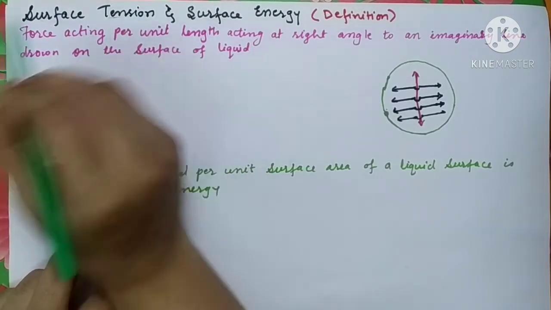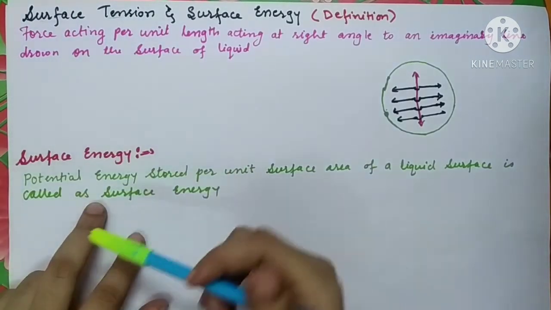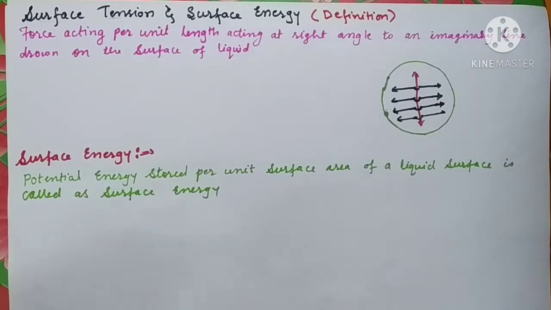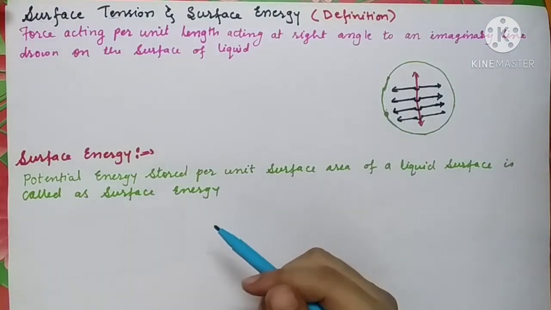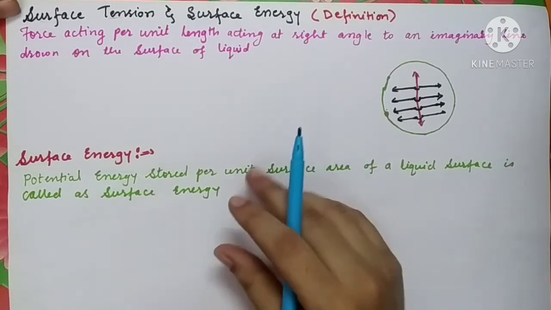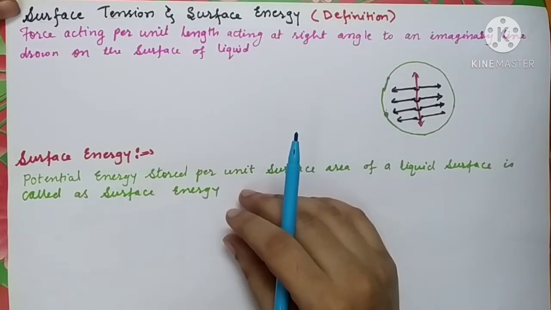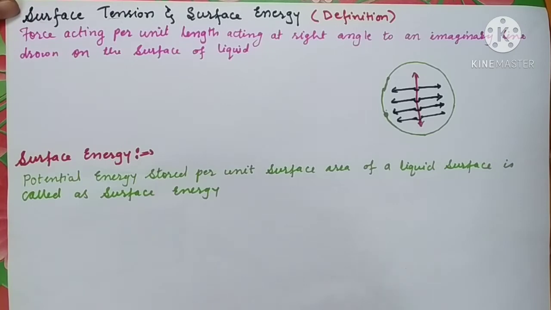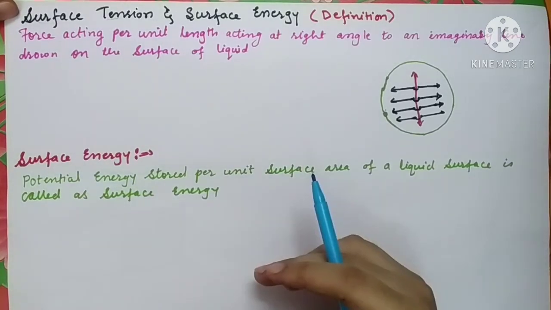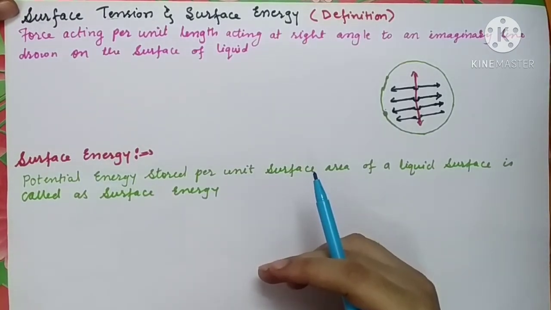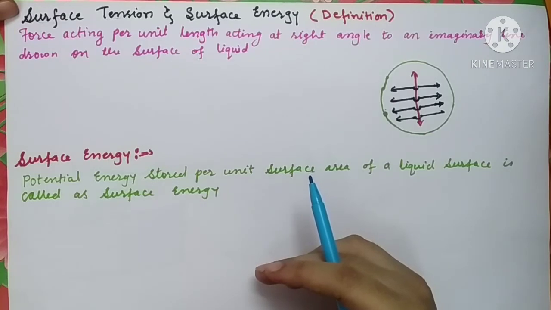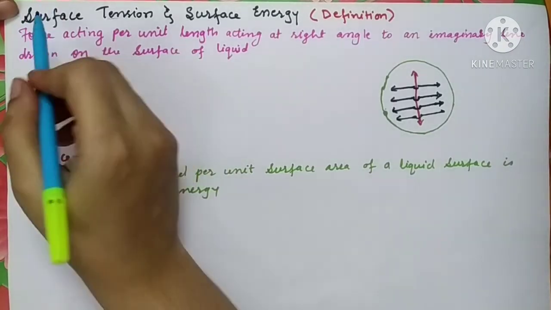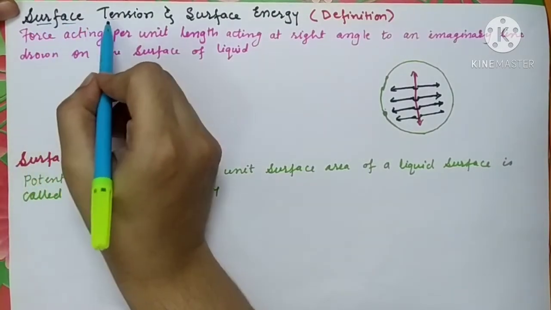In the last lecture we had seen that the concept of surface tension was like, we all know that the liquid surface always tries to minimize its surface area. On the basis of this concept, we had studied the molecular theory of surface tension. Now today we are going to define what is surface tension exactly.